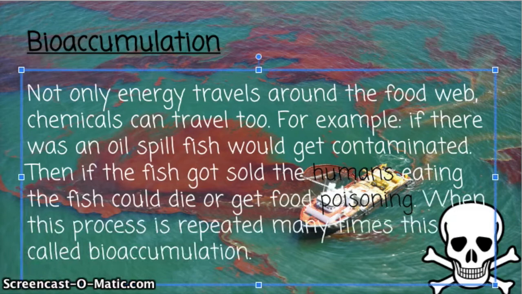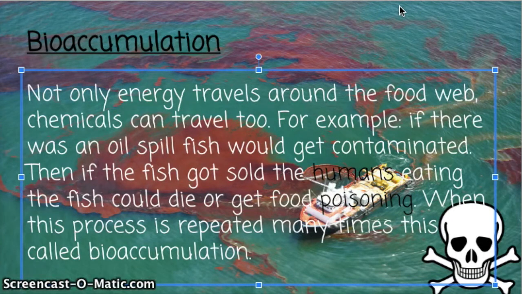Bioaccumulation is a process where chemical gases or liquids build up over time and kill the animal. For example, when there's an oil spill, fish could get contaminated. One seal needs a lot of fish to eat for one meal.